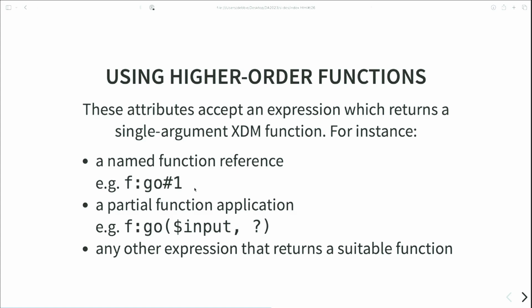So that's called a named function reference. It's a named function, and you specify how many arguments you're going to call it with. Our handler functions always expect a single argument function because you're either going to pass your fulfillment value or an error object represented as a map.